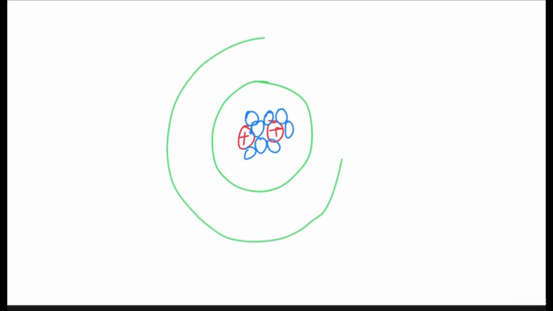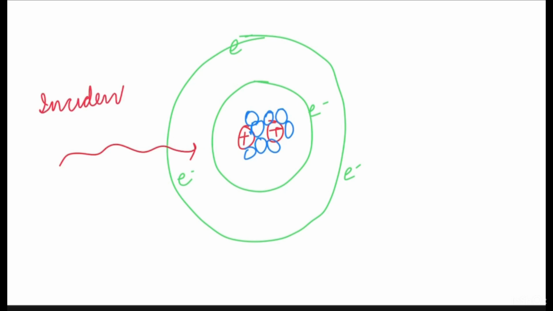Now we will start with the coherent scattering. This is the incident photon.